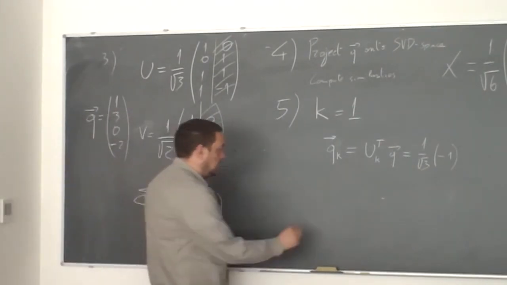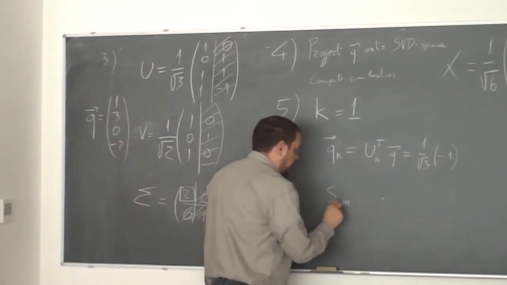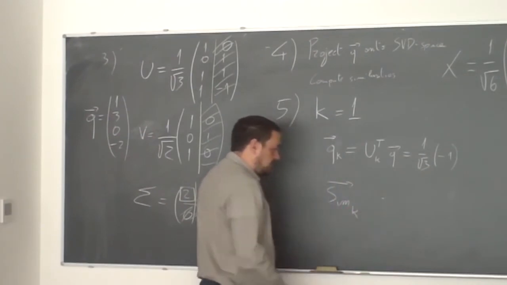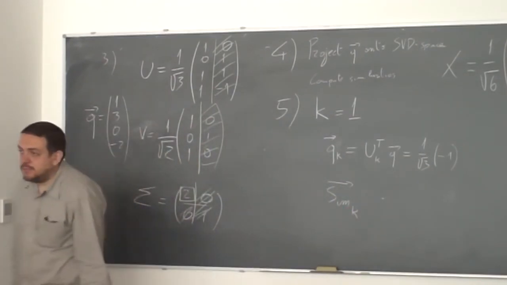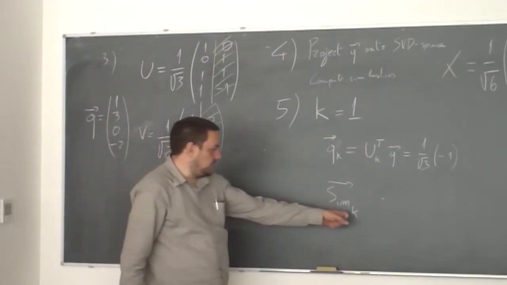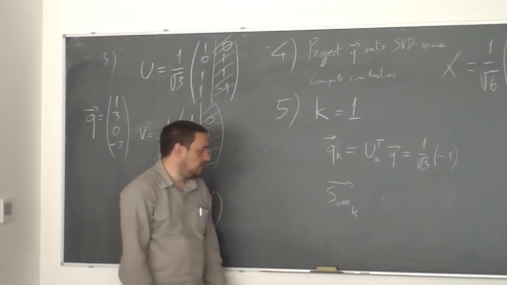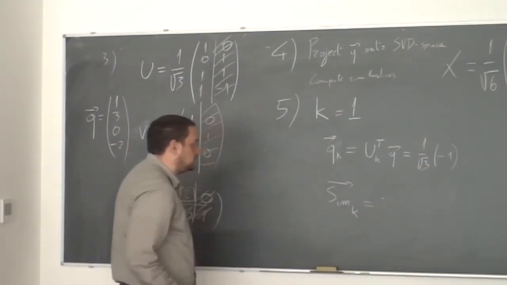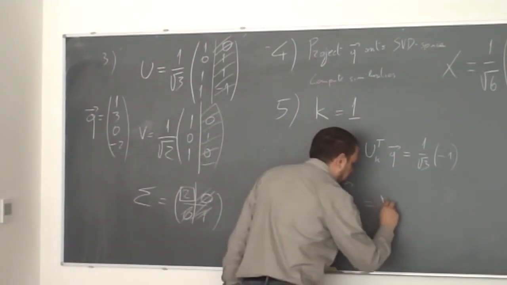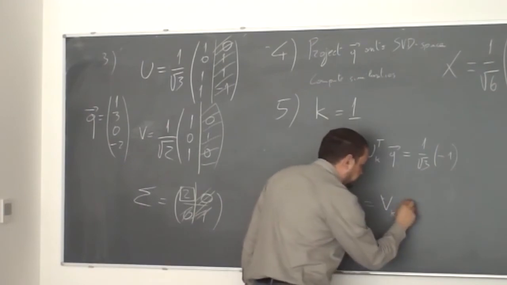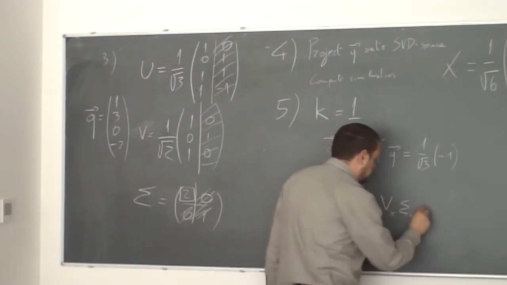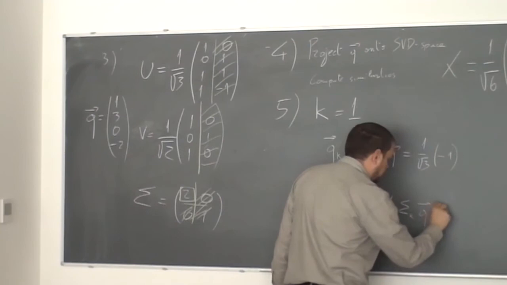Now, of course, the approximate similarity vector, approximate with rank 1, is Vk sigma k Qk.